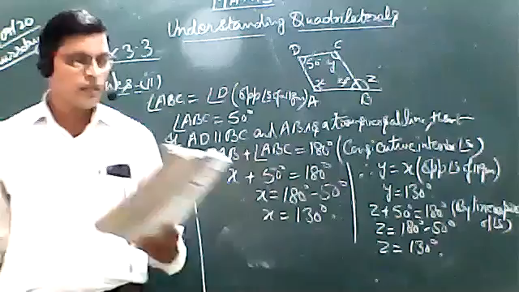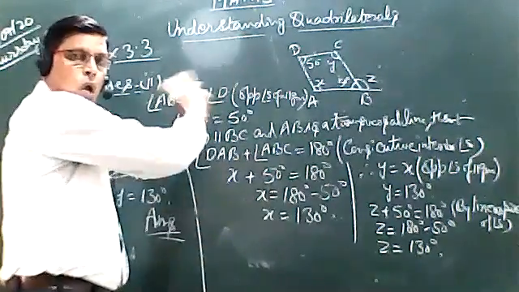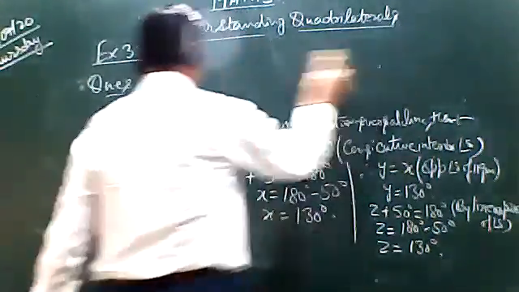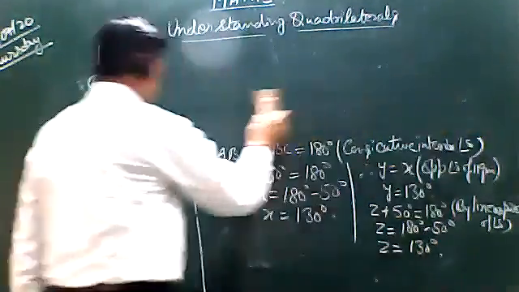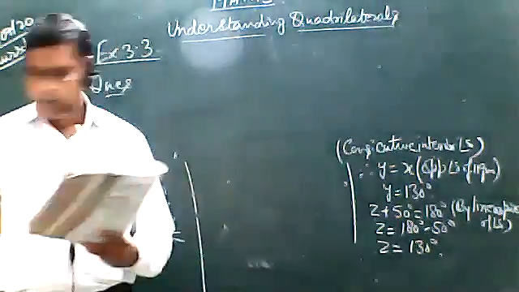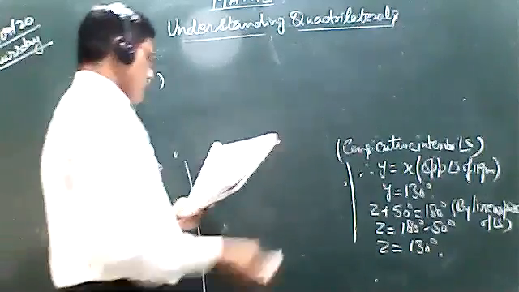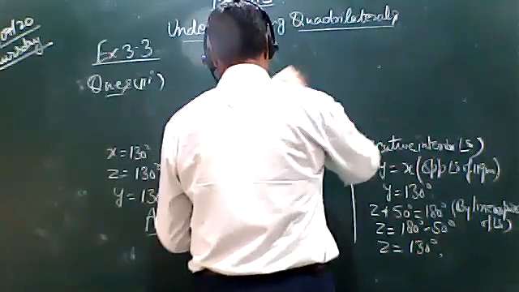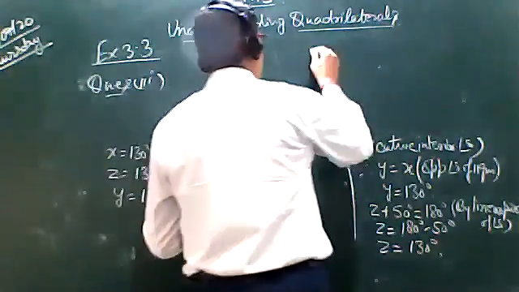Now, the third part. Can I erase it? The third part of this question: there is a parallelogram, but it's like a rhombus.